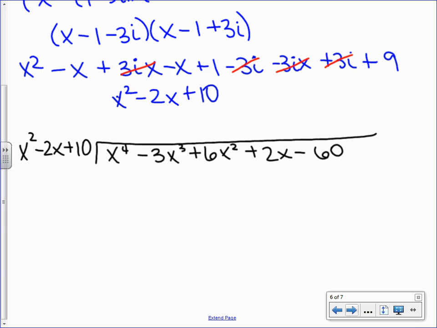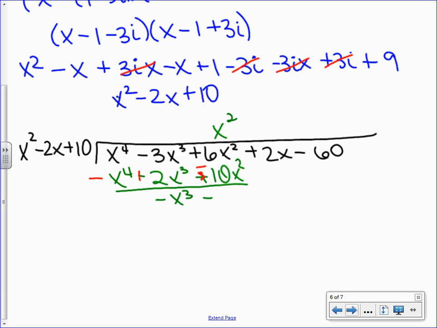So, x squared times what is x to the fourth? X squared. X squared needs to be multiplied to all three terms, so we have x to the fourth minus 2x cubed plus 10x squared. And we do what here? We subtract. Okay? So what are we left with? We'll bring down our 2x.